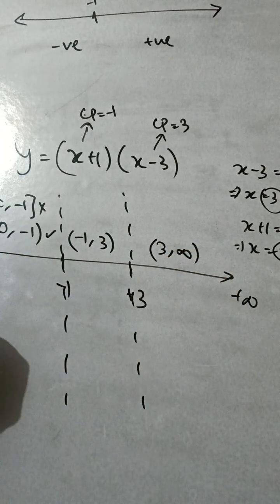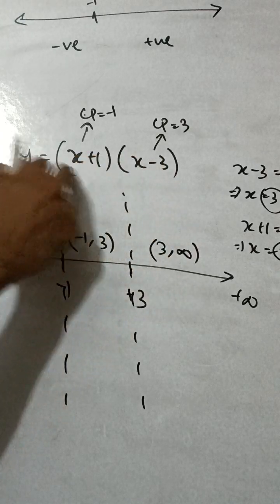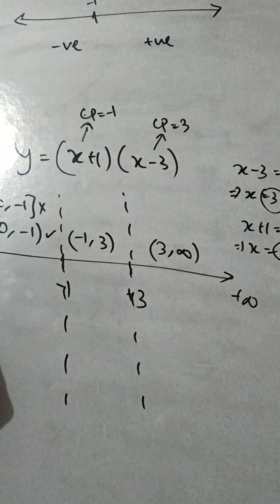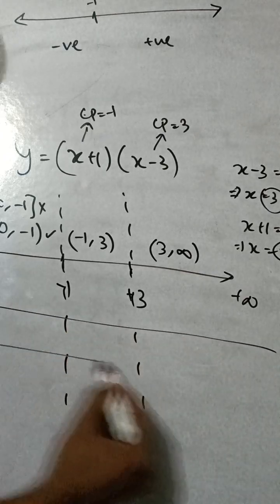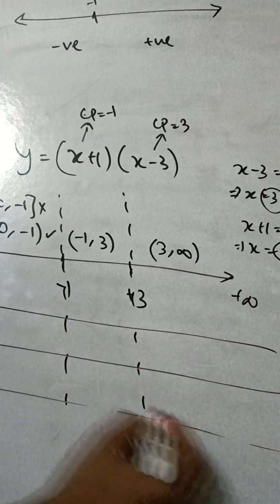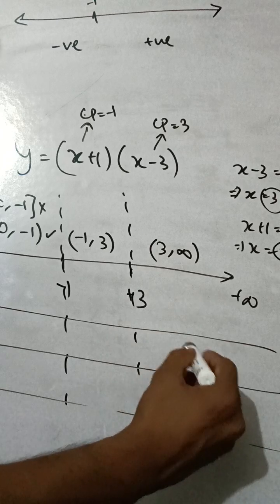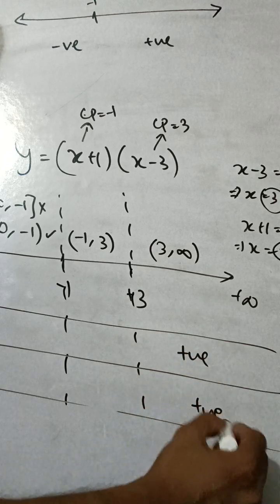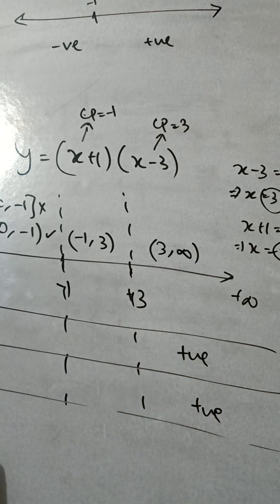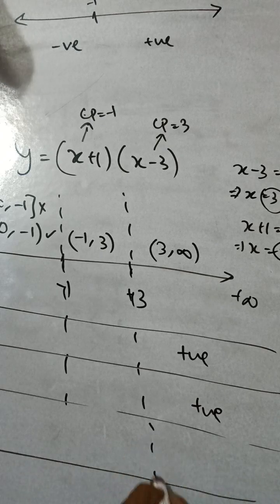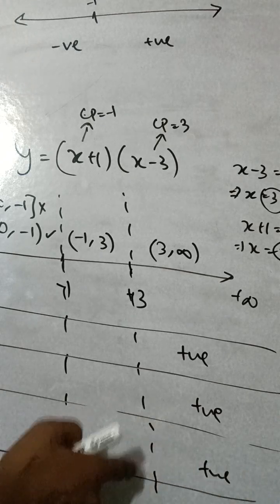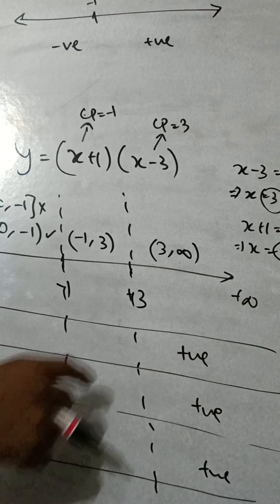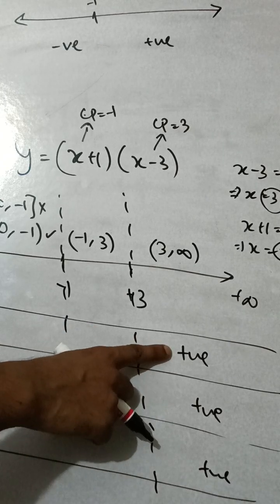Now what about our two factors? y is equal to x plus 1 times x minus 3. Look at one thing: x plus 1 and x minus 3 both are positive here, so our y will also be positive here. Why? Do you agree that x plus 1 will be positive here?